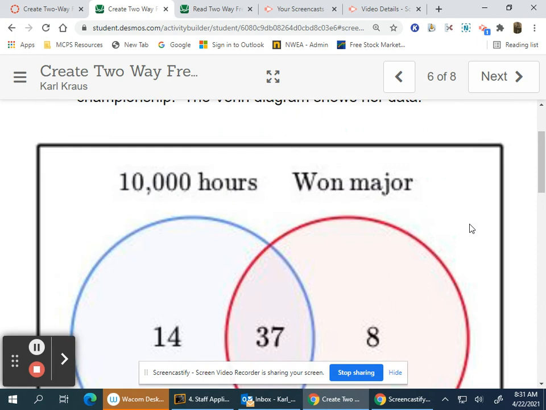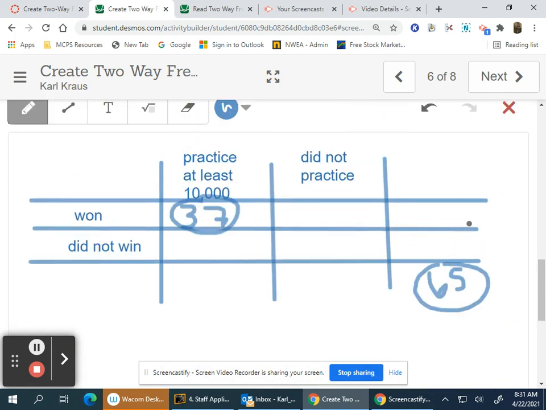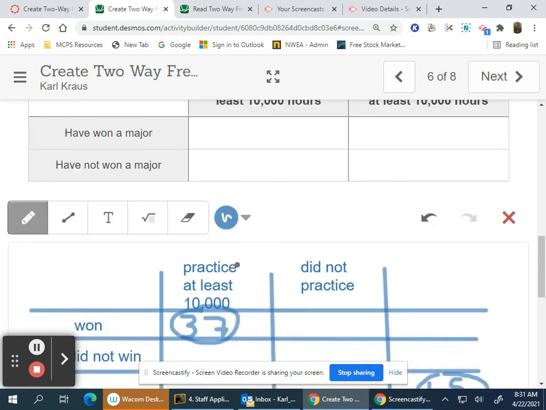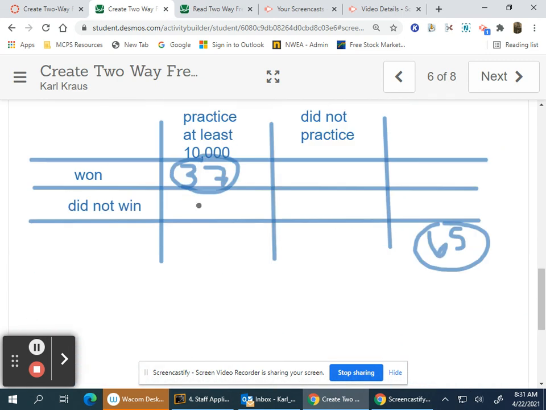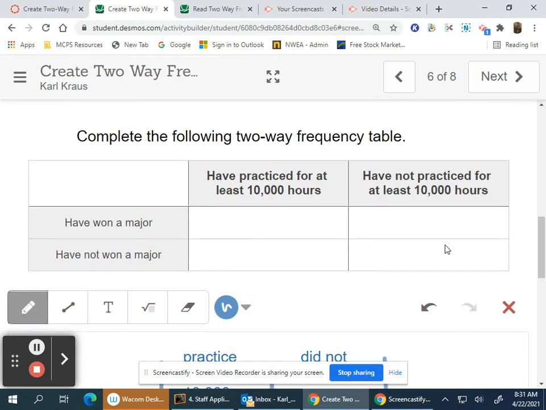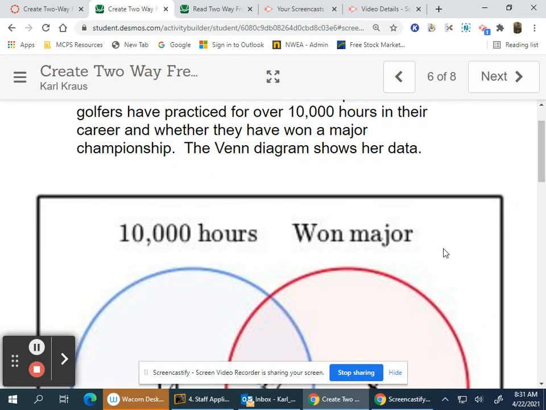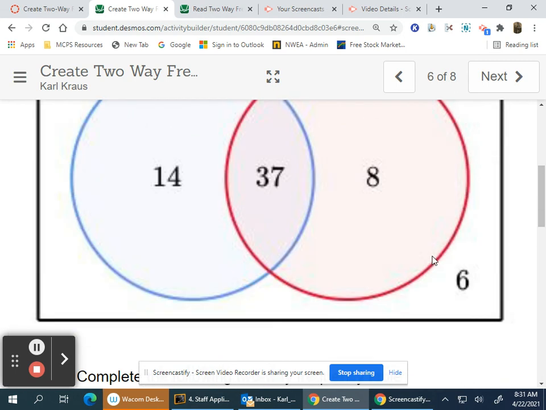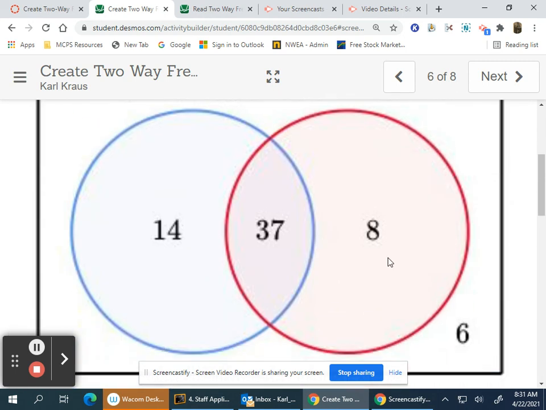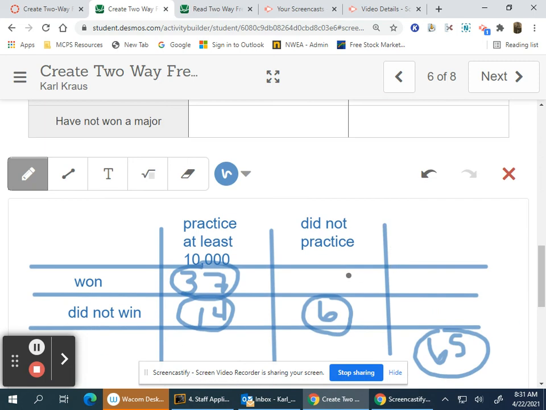And 10,000, but did not win, is 14. So that's from the Venn diagram. 6 is neither. That's that number. 1 that did not practice.